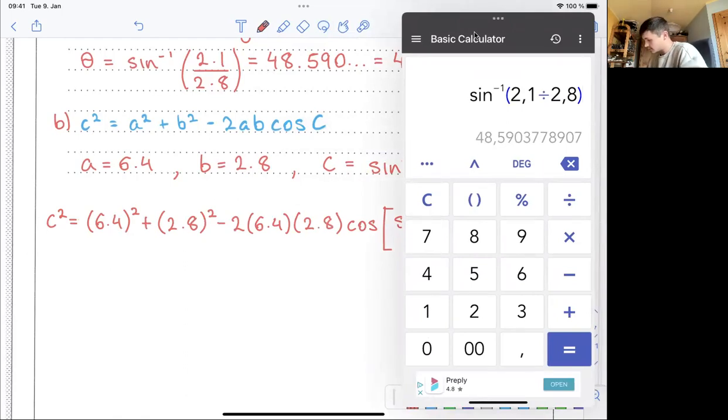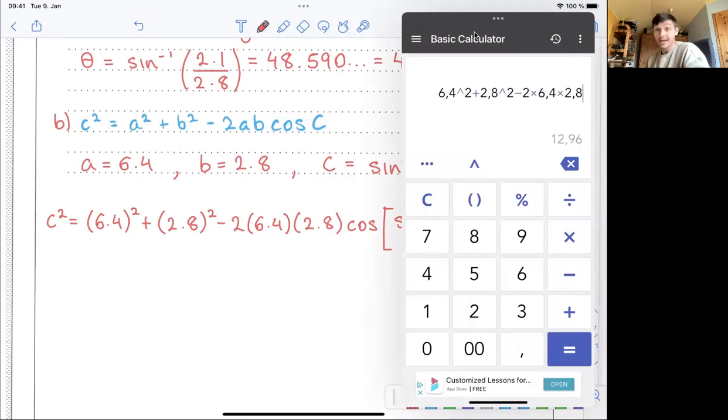So 6.4 squared plus 2.8 squared minus 2 times 6.4 times 2.8. Now I know your calculators will probably let you bring an answer carried forward and just put answer.